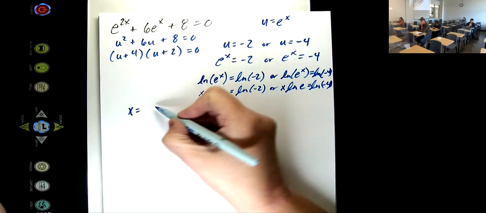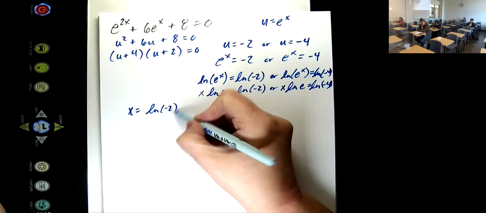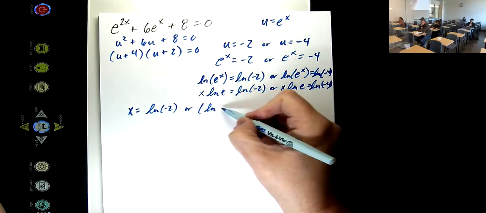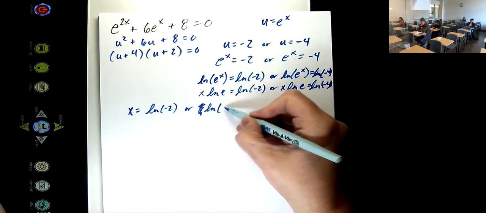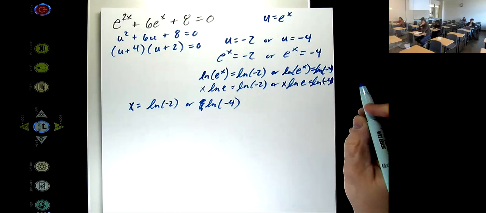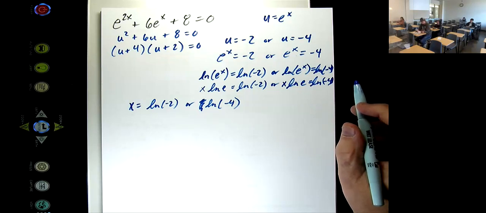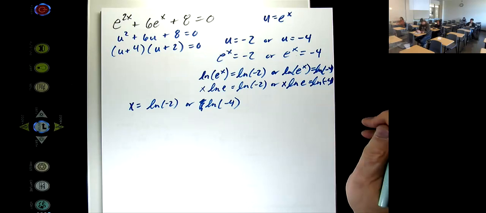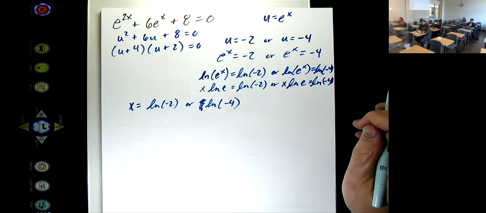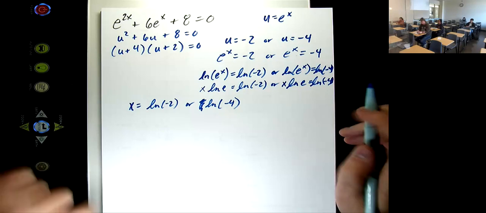And I get x equals natural log of -2 or natural log of -4. What happens if you do either one of those answers? It's a domain error.